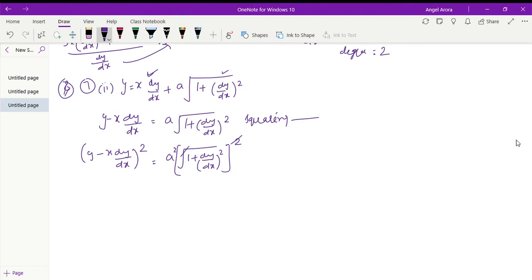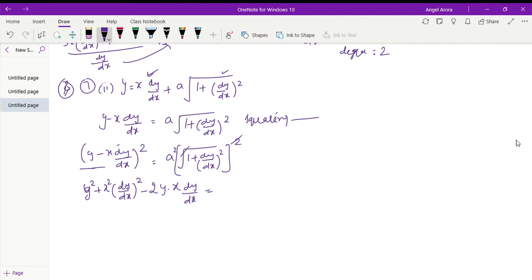So here this expression is in a minus b squared form, so a squared plus b squared minus 2ab. So a will be y, so y squared plus b will be x dy upon dx, so b squared, that means x squared dy upon dx squared, minus 2ab, so minus 2, a will be y and b will be x dy upon dx.